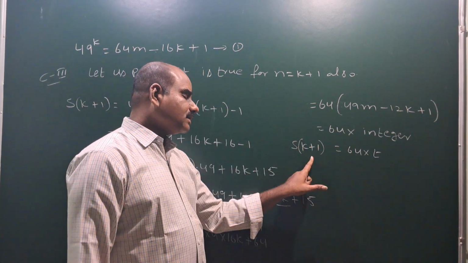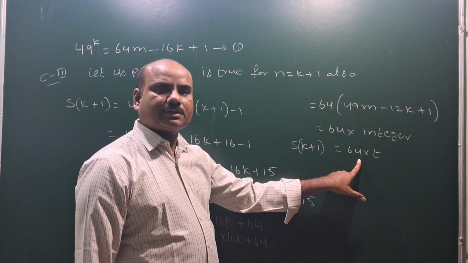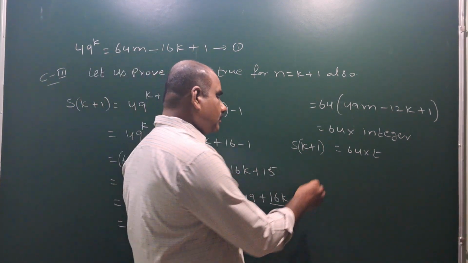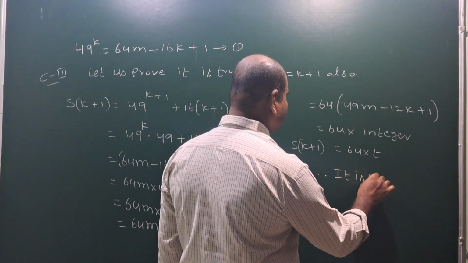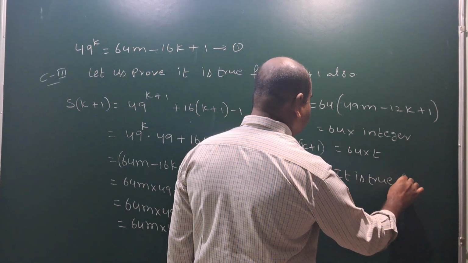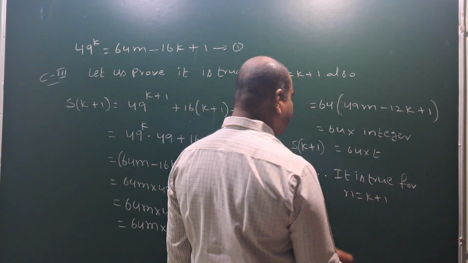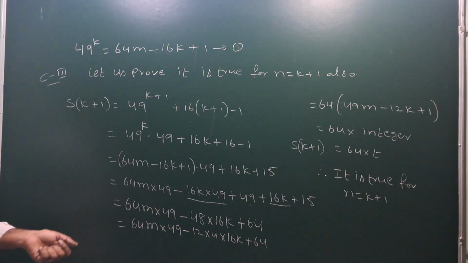That means S of k plus 1 is divisible by 64 for how many times? t times. So that is the proof. Therefore it is true for n is equal to k plus 1. Hence it is true for all values of n by the principle of mathematical induction. Thank you.